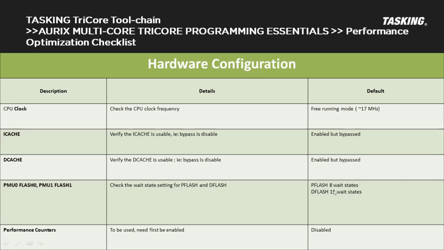And if you want to get some performance numbers out of the hardware using the performance counters that exist on it, you first have to enable them. By default, they are disabled. So at least this is a kind of checklist that you need to check before starting development on the TriCore as well.